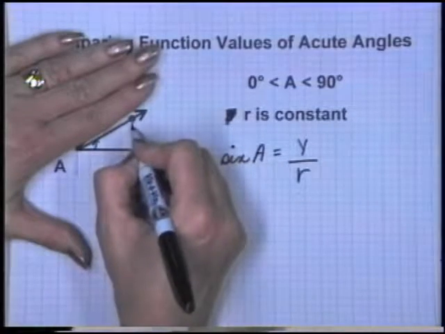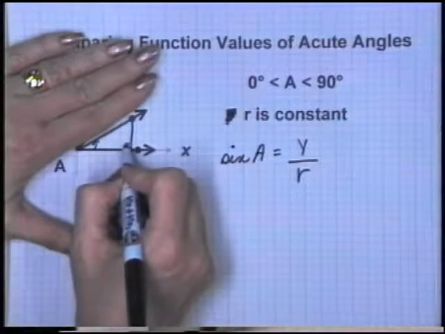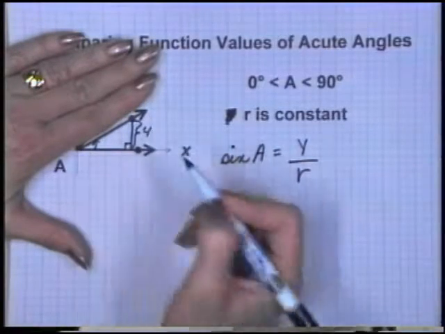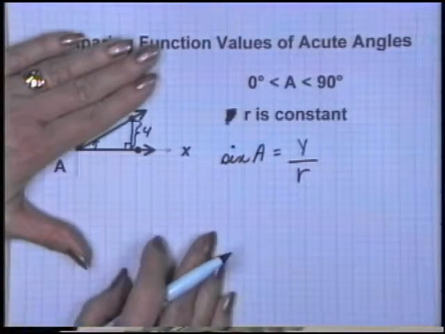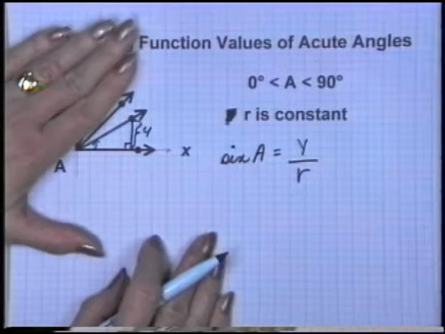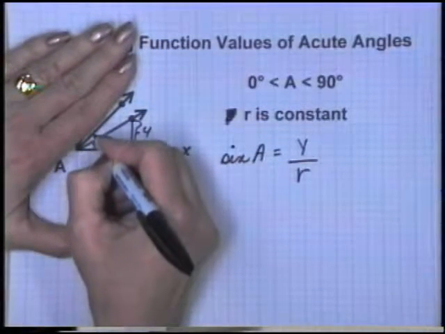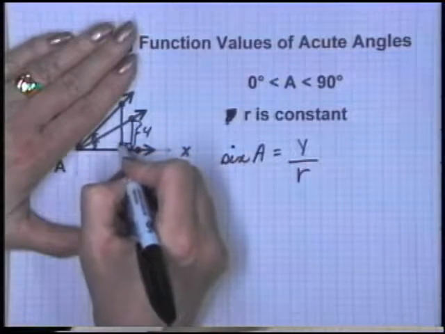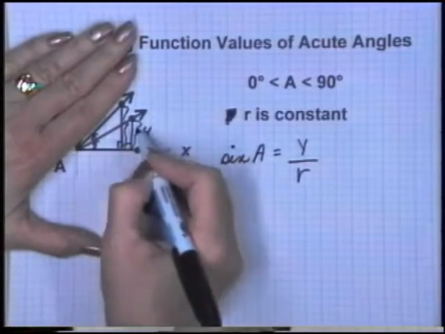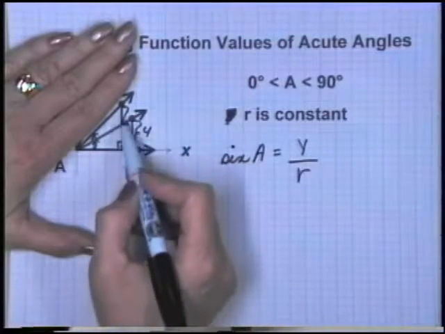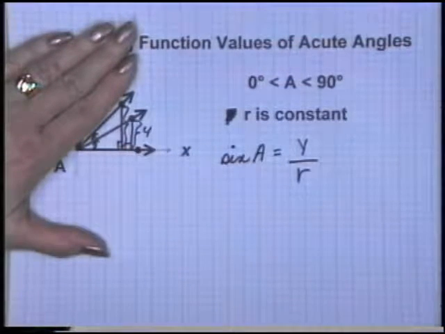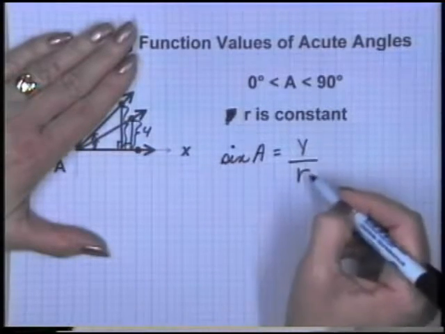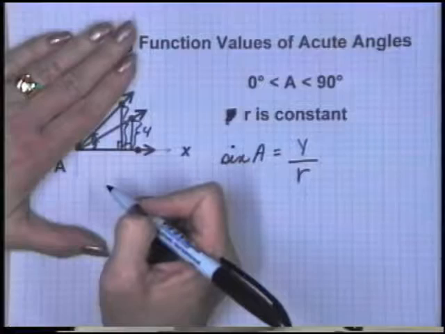If this is my angle A, if I create this right triangle, can you see my y distance? Now look what happens as I increase. Now suppose that this is my angle A. What happened to my y? Well, my y is larger, isn't it? So that means that the sine of my angle is a larger number because the numerator is larger.